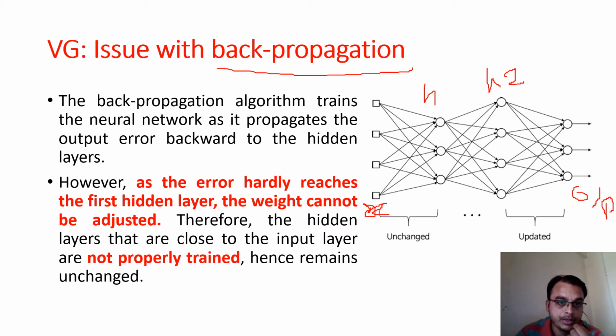But here the error hardly reaches the first hidden layer, so the weights cannot be adjusted. Why? Only the layer closest to the output gets the modified values, and beyond that the error does not reach. Hence these nodes remain unchanged nodes. So this is an issue.